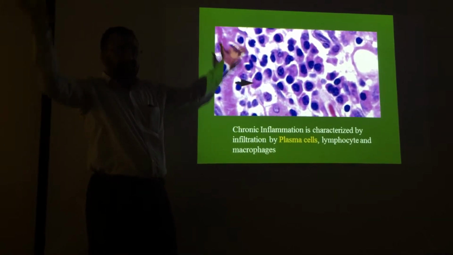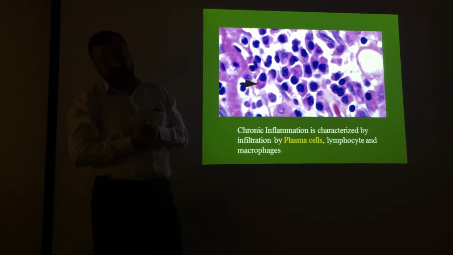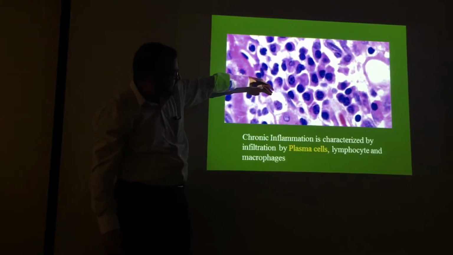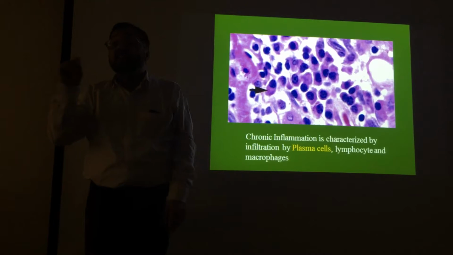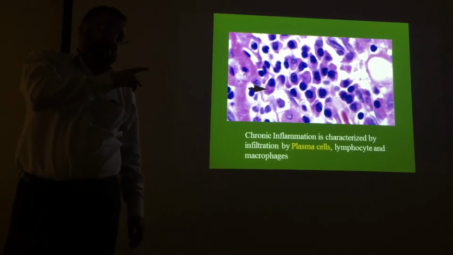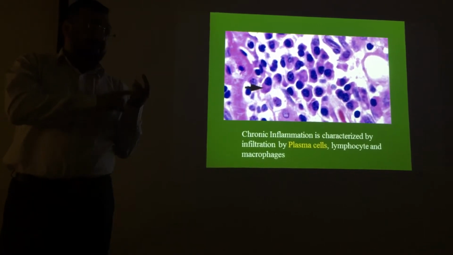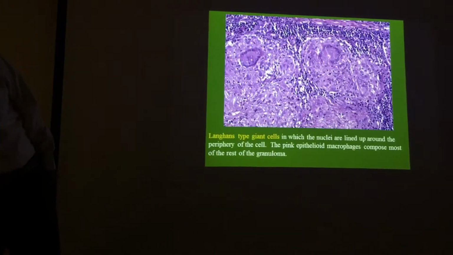If a very large cell containing cytoplasm, this will be a macrophage. The most important feature is nucleus on one side and cytoplasm on the other. This is again a plasma cell derived from B lymphocytes. Lymphocytes, plasma cells and macrophages are features of chronic inflammation.